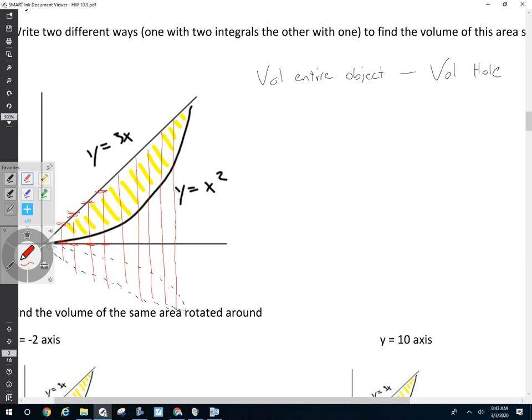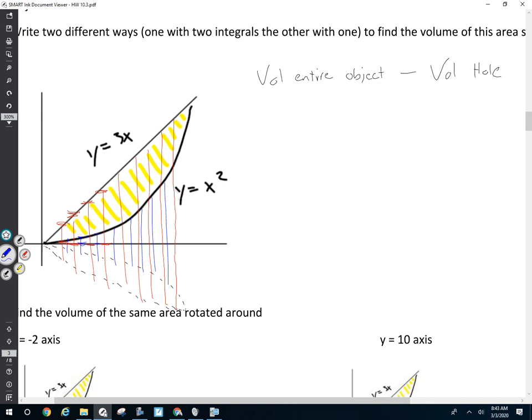But then I have these cylinders here, which will represent the hole. And I need to subtract out these blue cylinders. These blue cylinders are going to be my holes. I'm just going to make sure you see the volume of my hole is going to be in blue. The volume of my entire object is going to be in red.